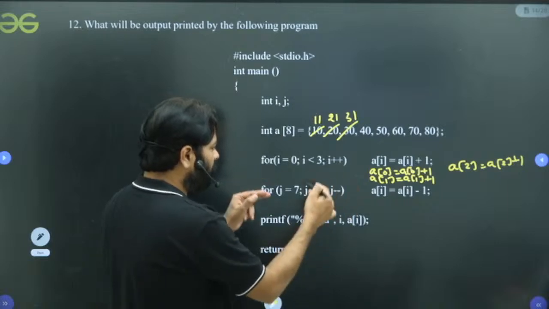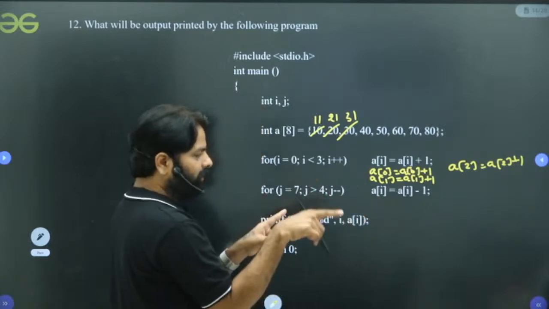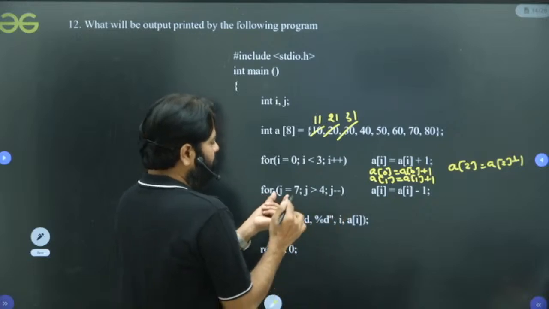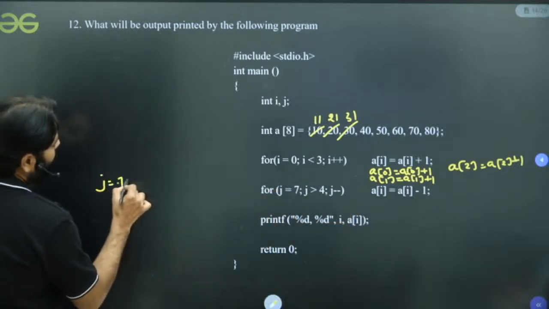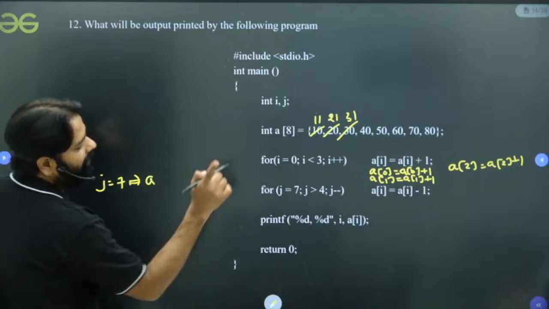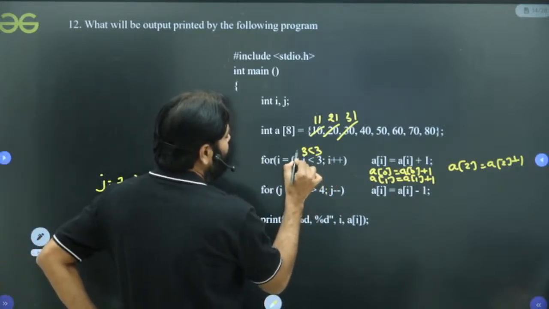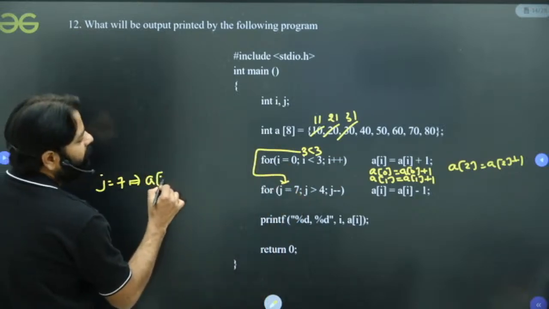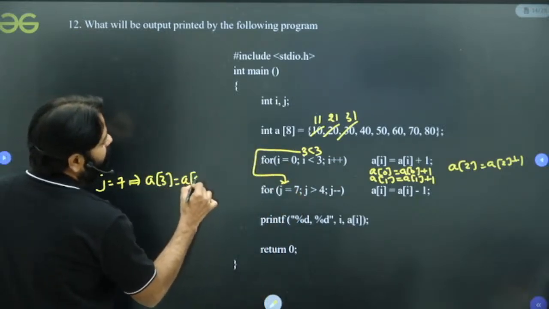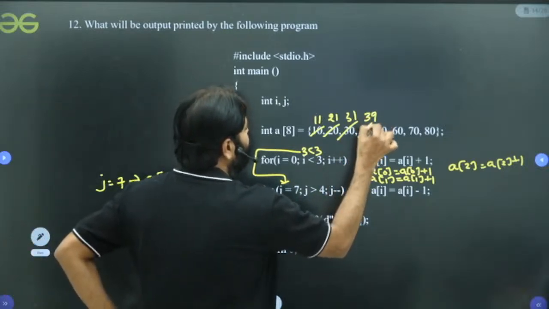Then when you come down, you are doing updating on i only, remember that point, not on j. But j starts from 7. You do update on whatever the i value is right now. When i is 3, less than 3, you come down, right? So a of 3 is equal to a of 3 minus 1. That is 40. You will decrement to 39.